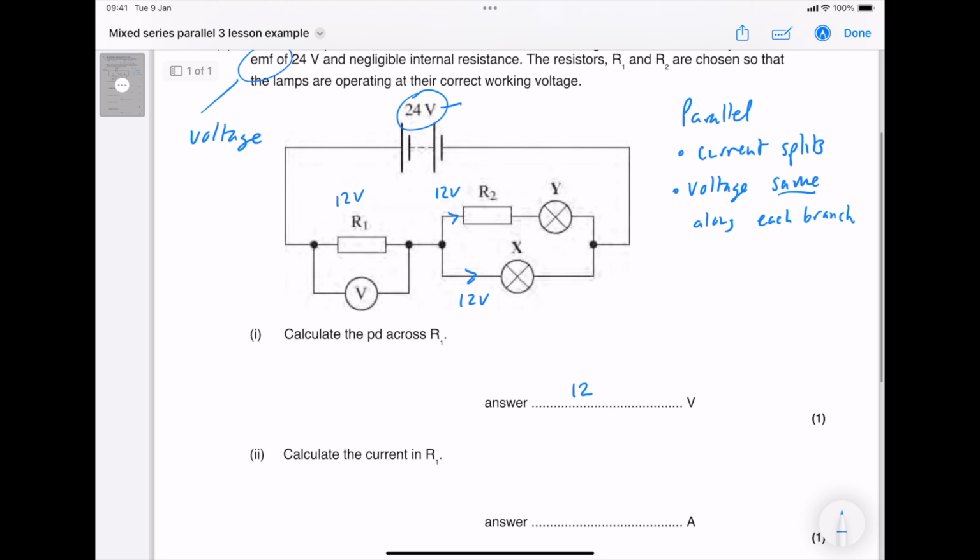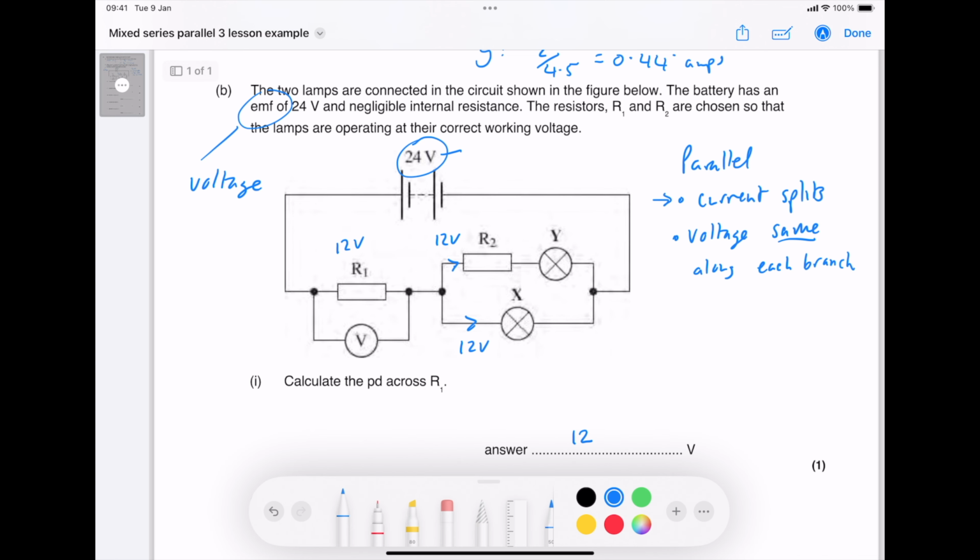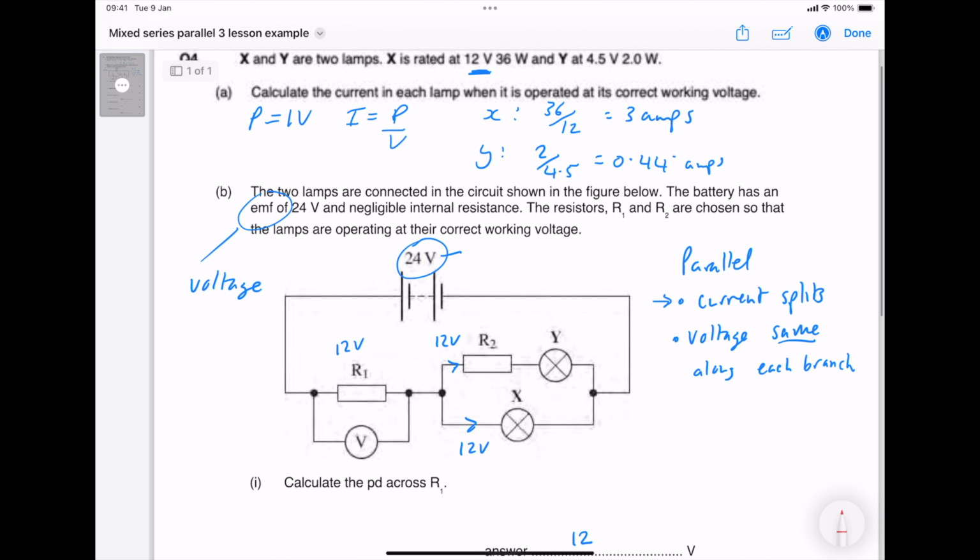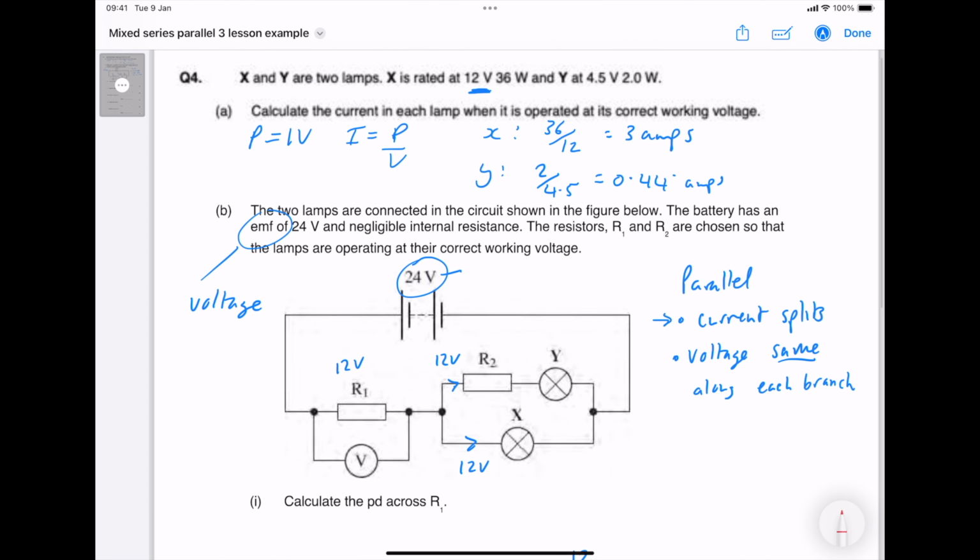Number 2, calculate the current in R1. Well, that brings in the point that the current splits in a parallel circuit. When it splits, it recombines and then flows around the series part of the circuit. If I use a different color to highlight this bit, if you look at branch X, where X is located, we know that there is 3 amps flowing. So I'll just write that there.